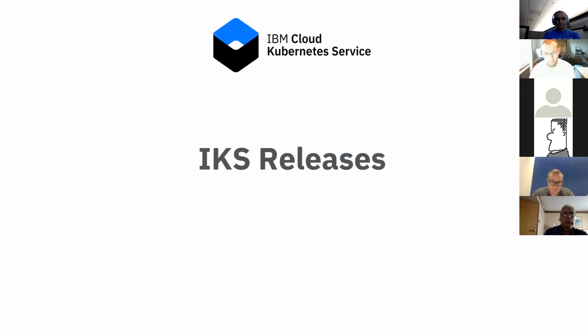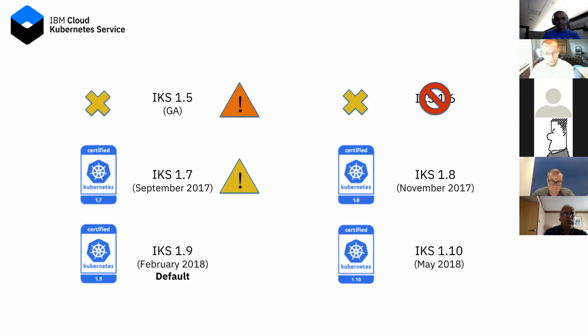If we look at the IBM Cloud Kubernetes Service and what that means, again taking that same landscape over about a year and a half, we went out with Kube 1.5, not certified. The program hadn't started yet, and there's no back level certification for older releases. But starting in 1.7, 8, 9, and 10, we've certified our releases.